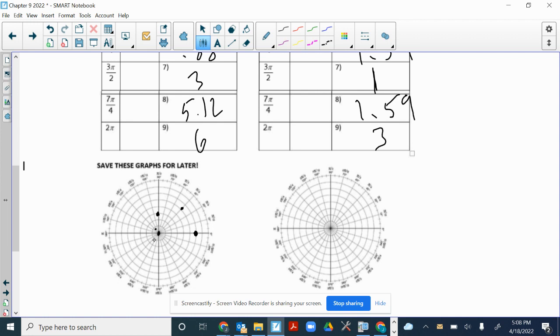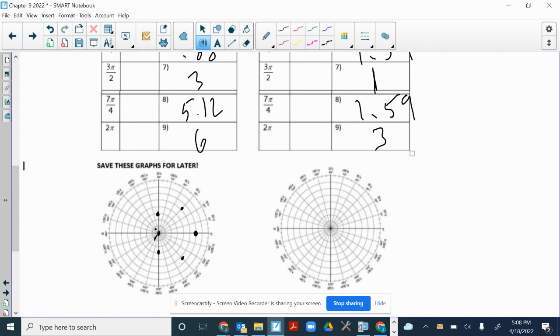And then it mirrors it down below. So we have this lovely symmetry here. So 0.88 for 5 pi fourths. Then we're at 3. 1, 2, 3. And then at 7 pi fourths, we're just over 5. So 1, 2, 3, 4, 5. Just a little bit more.